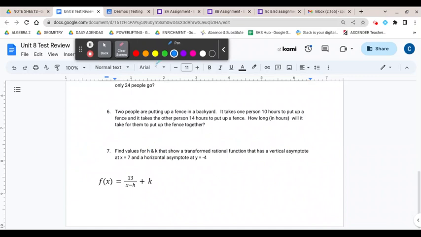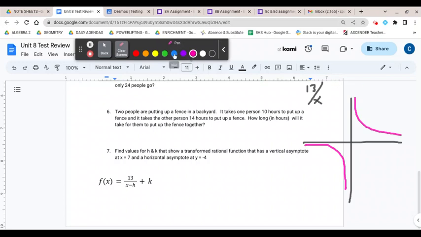Find values for h and k that show the transformed rational function has a vertical asymptote at 7 and a horizontal asymptote at negative 4. So let's look at the parent function real quick. If we had just 13 over x, the function would look something like this.